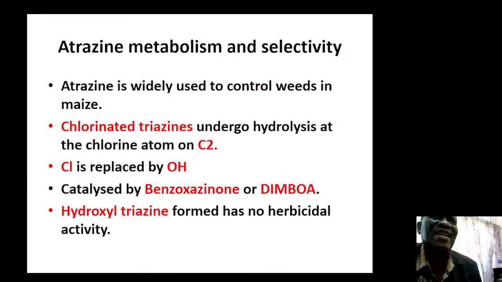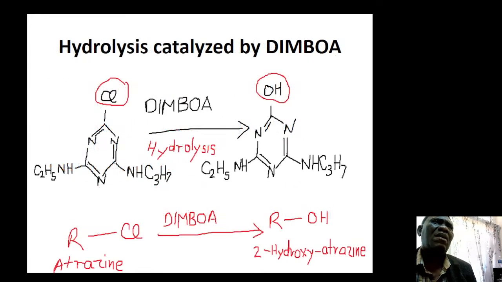And please remember that the catalyst or enzyme needed is benzoxazinone or DIMBOA instead of cytochrome P450, and we form an OH or hydroxy triazine. This is the actual process, hydrolysis facilitated by DIMBOA, where you replace Cl with an OH.